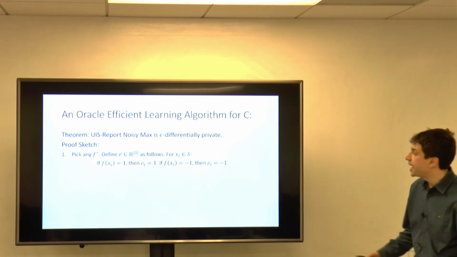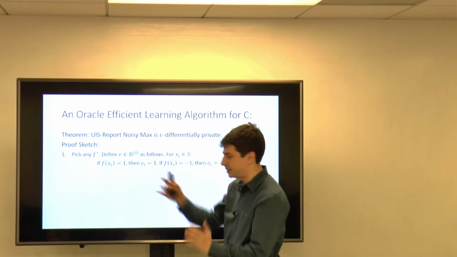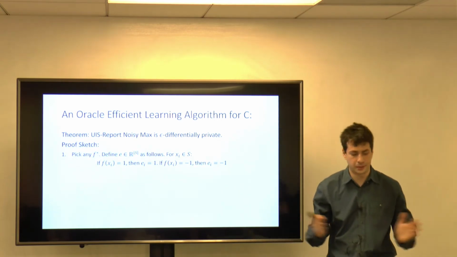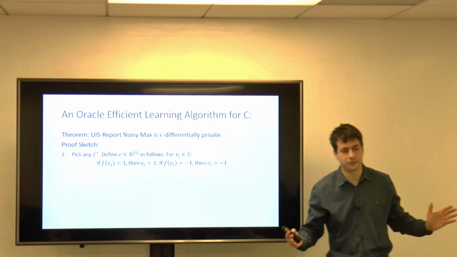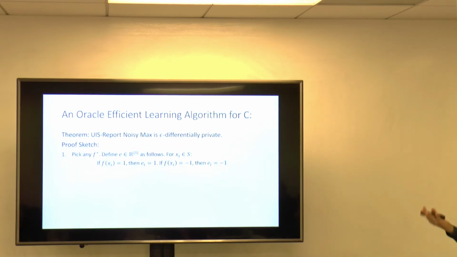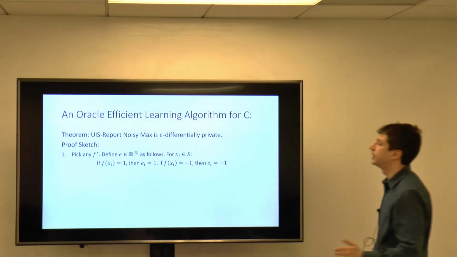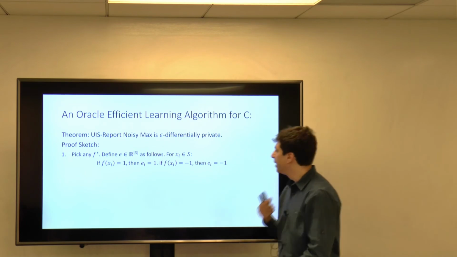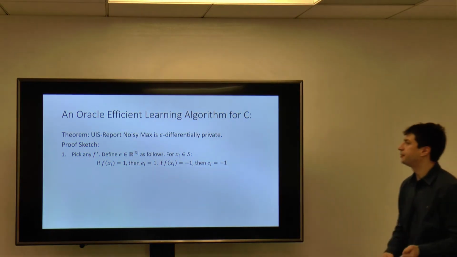Okay? So now my vector of perturbations isn't equal to the size of the concept class I'm learning over. It's just equal to the size of the universal identification set, because those are the things that we're perturbing. Okay?